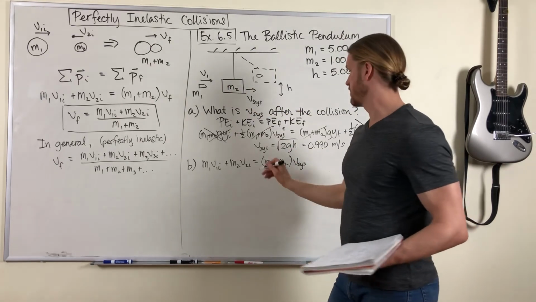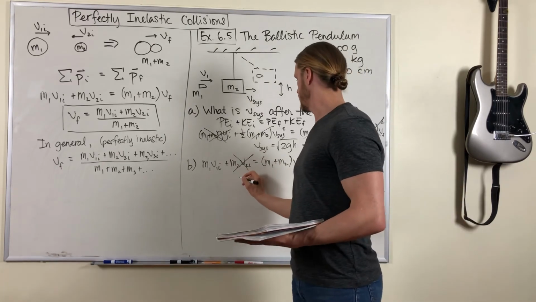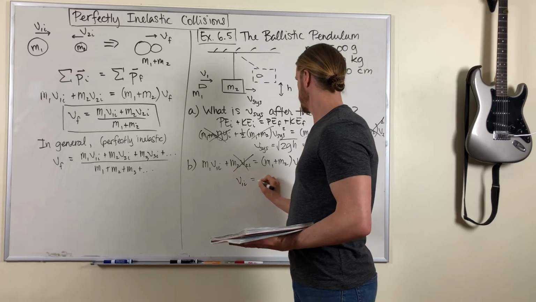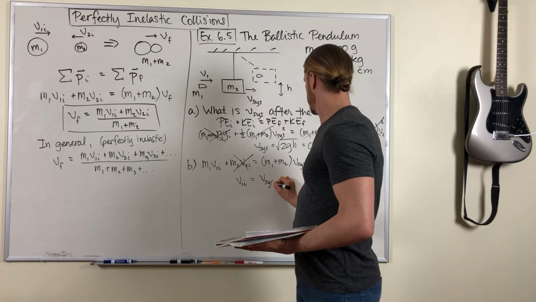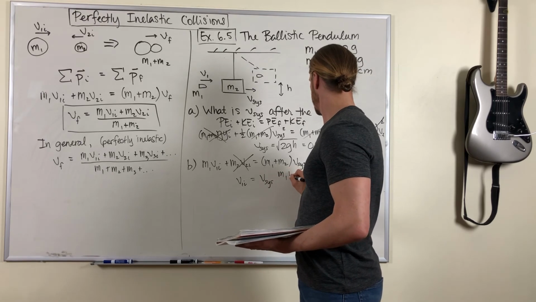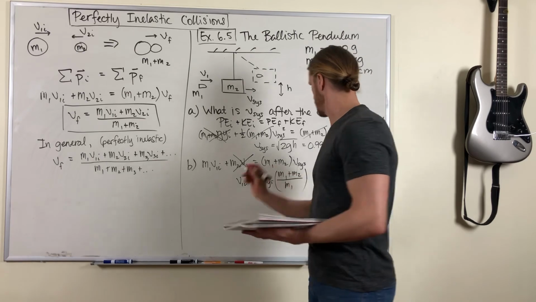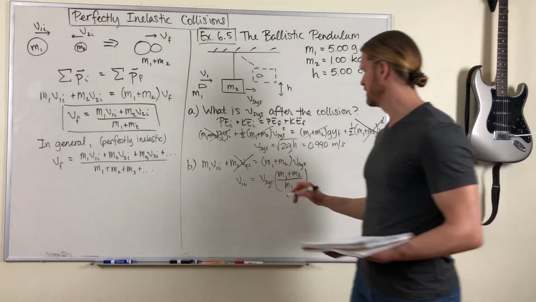M2 started out stationary, so we can cross that term out. And we now have this result that V1 initial is V system times m1 plus m2 divided by m1. I just divided both sides of the equation by m1.